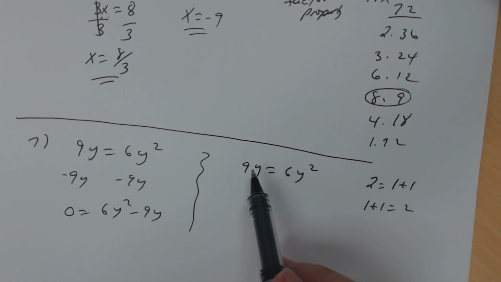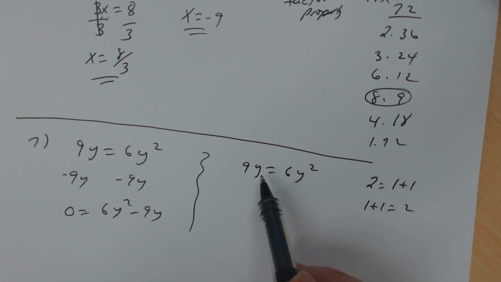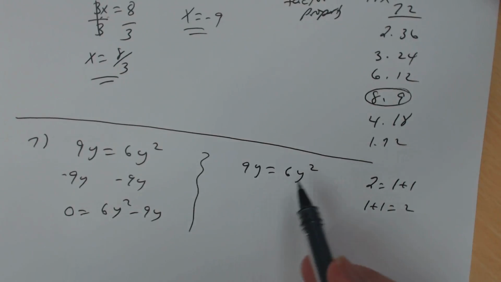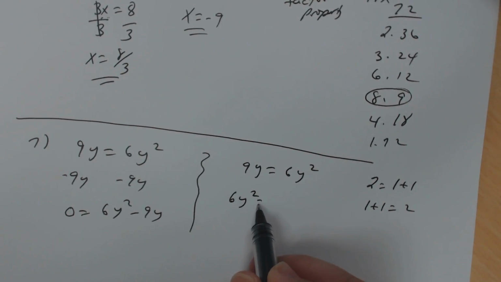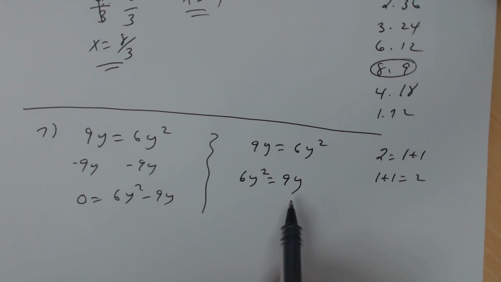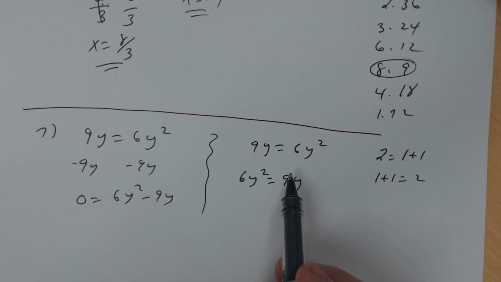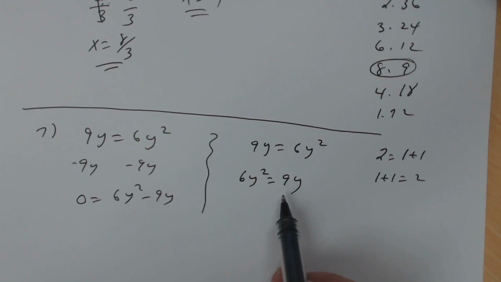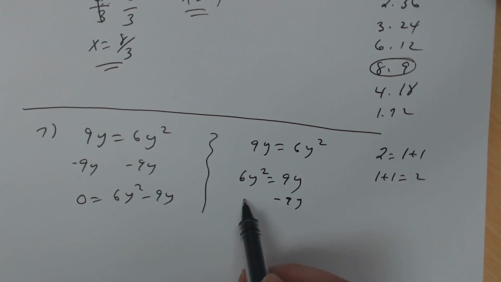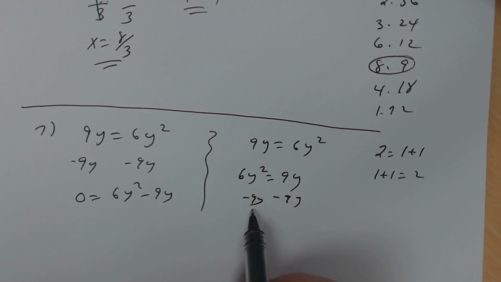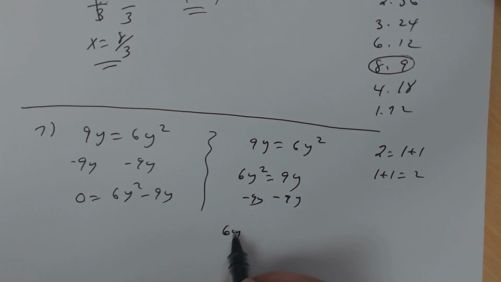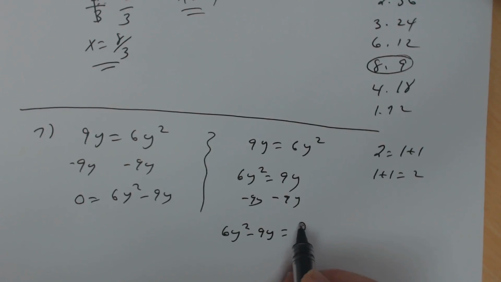So what that means is that if 9y equals 6y squared, then that means 6y squared equals 9y. And so that's one way to rewrite it, to where here you just subtract 9y. It's kind of the same thing here, except you're going to have 0 on the other side. And so you get 6y squared minus 9y equals 0.